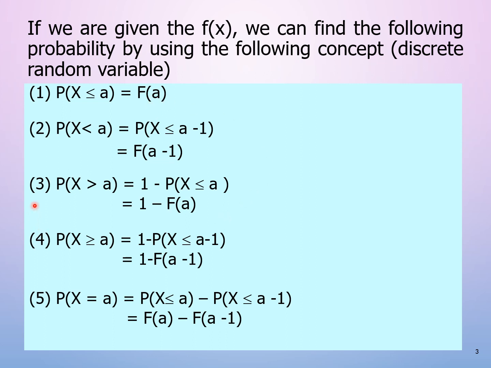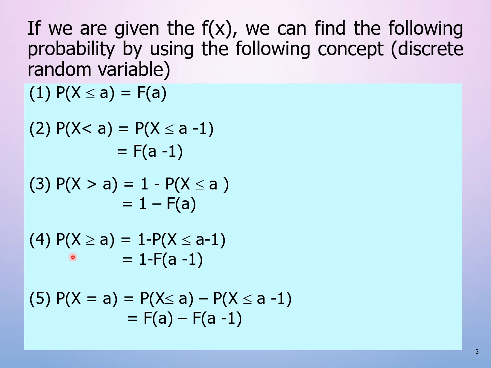Okay, continue with rule number 3. Probability X greater than a, then you have 1 minus probability X less than or equal to a, where this probability is actually equal to number 1 over here. Probability X less than or equal to a is actually equal to F(a). So you have 1 minus cumulative of a.